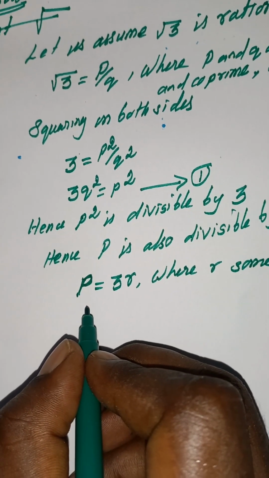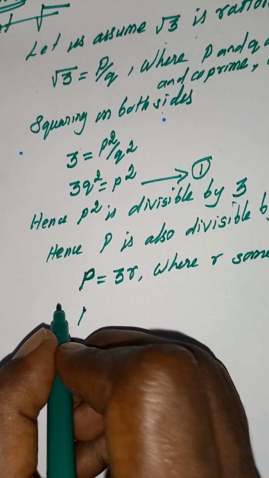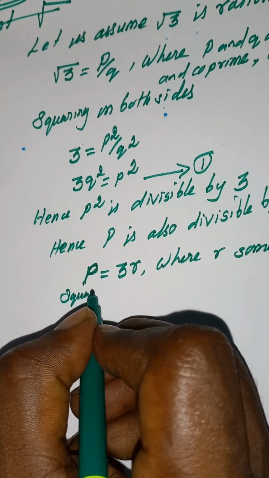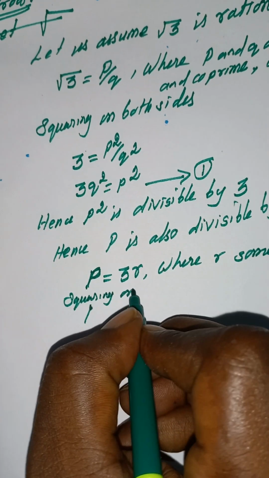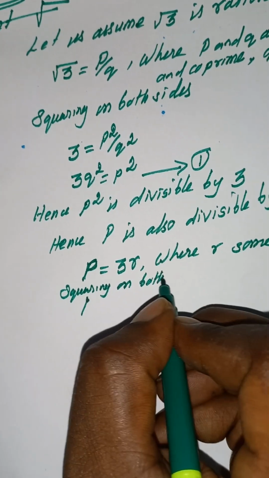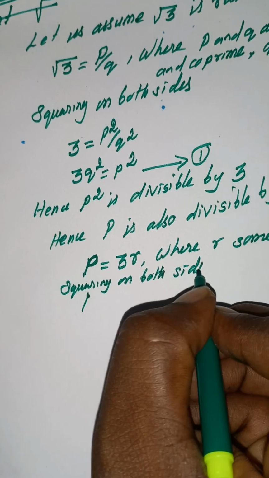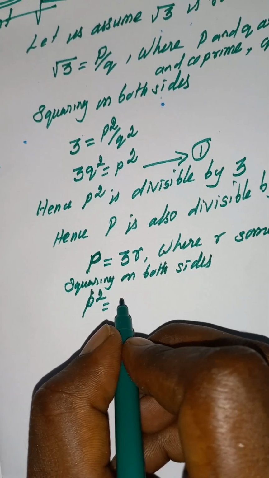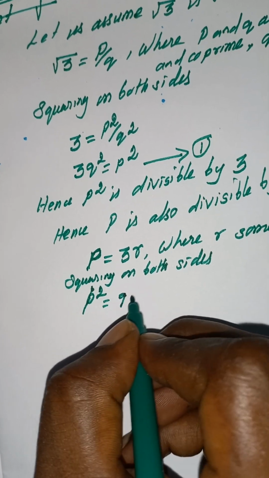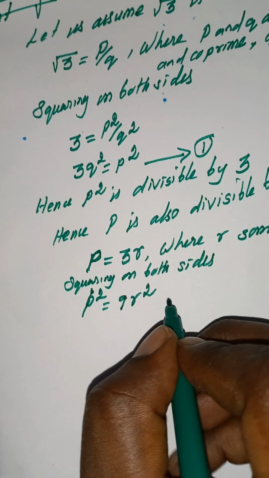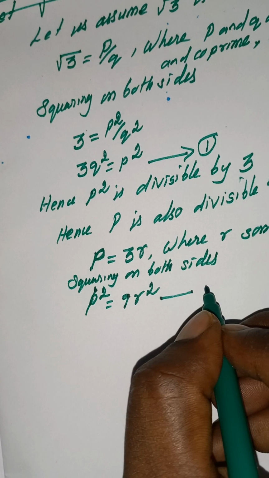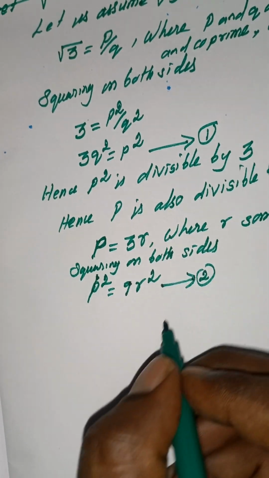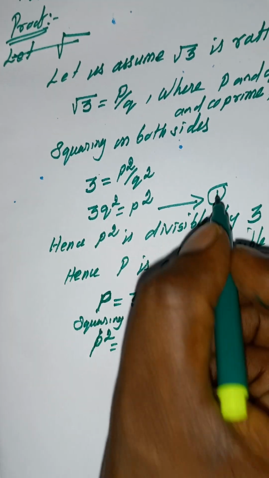Now we have to square on both sides. So p square equal to 9r square. You substitute this as equation 2. Instead of p square, we can substitute 3q square from 1.